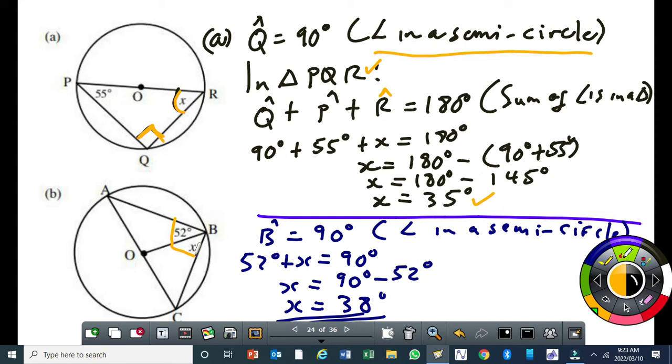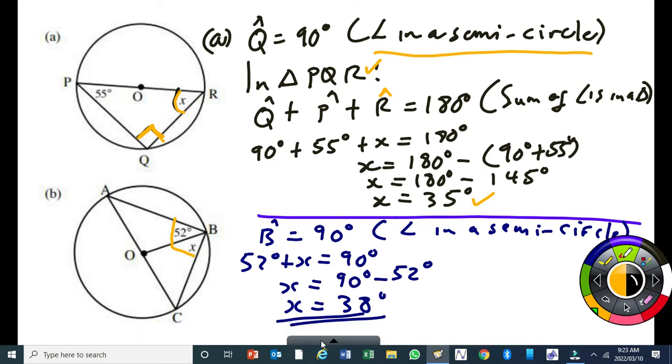So first, you must state that angle B is 90 degrees. Why? Angle in a semicircle. Then we know that if this is 90 degrees, obviously 52 plus x will give me 90 degrees. They are complementary angles. Then you simplify, and you get the size of x.